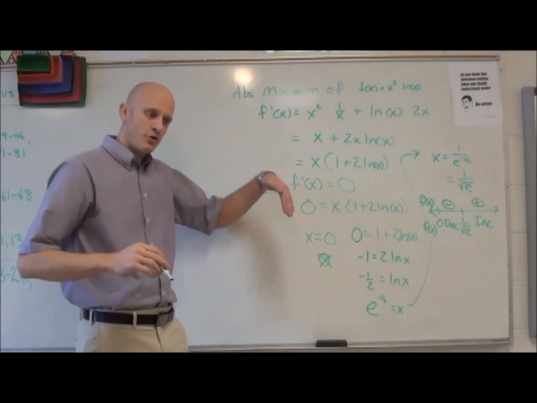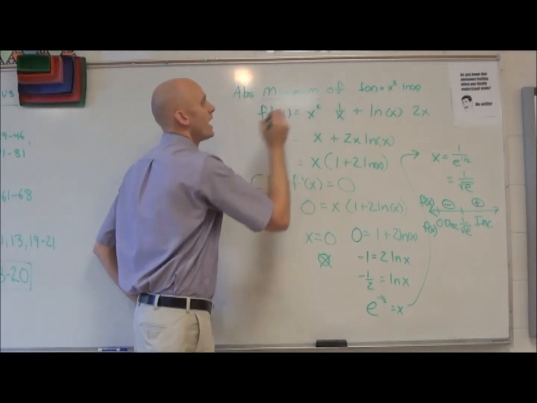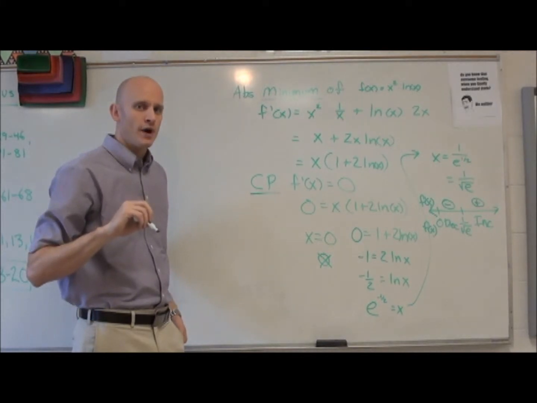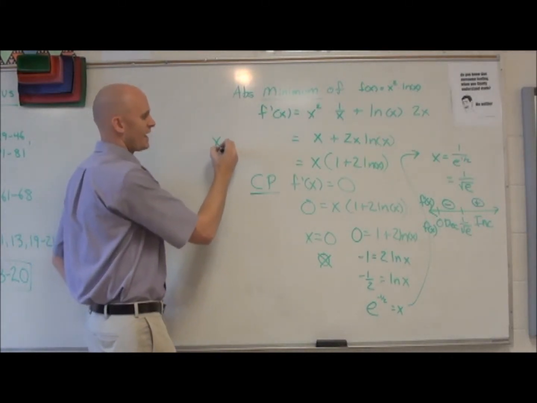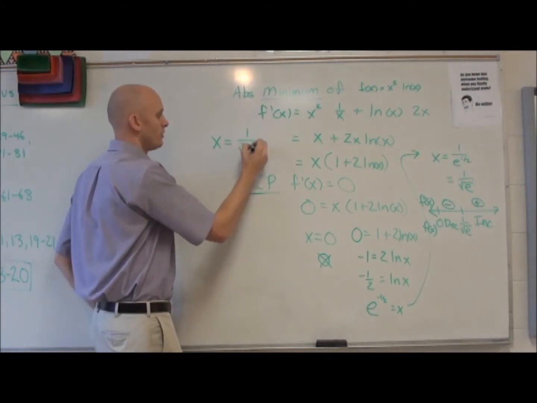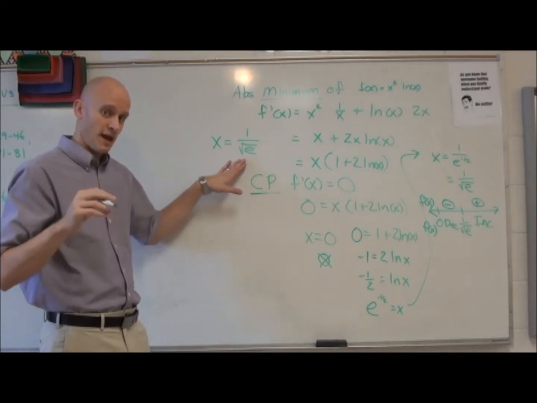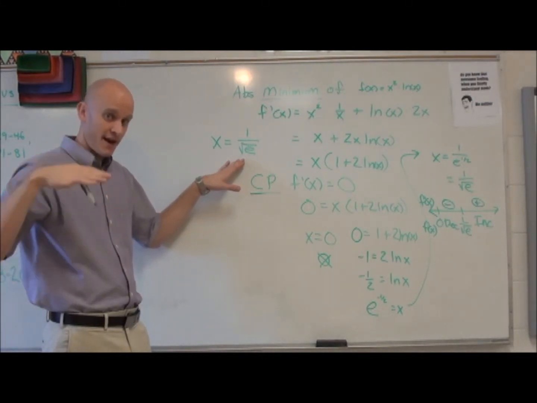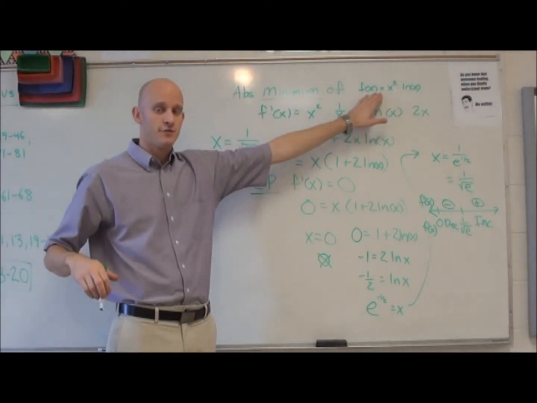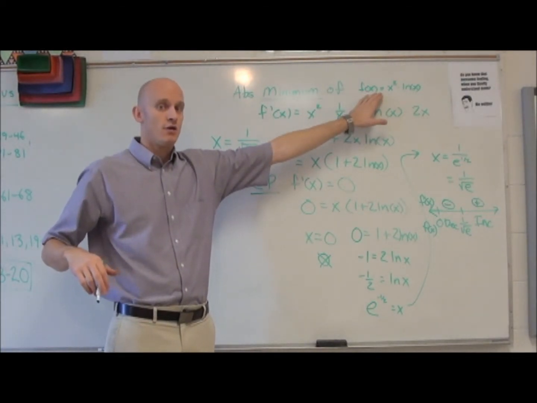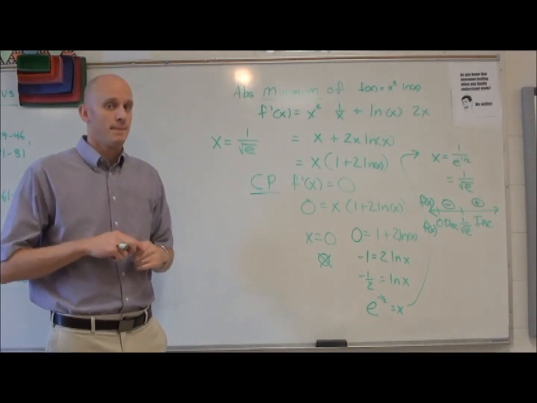If we have a decrease, then an increase, we must have a minimum value at that point. So our minimum value occurs when x is equal to 1 over the square root of e. That is our x value. If we wanted to find the actual minimum value, the y coordinate, you would plug this into the original function and solve. And that would be our minimum.